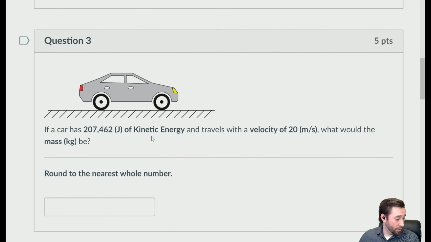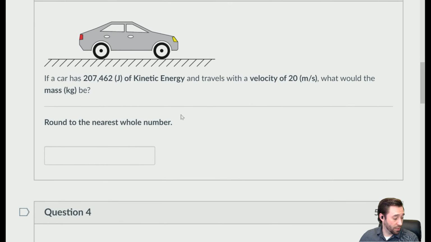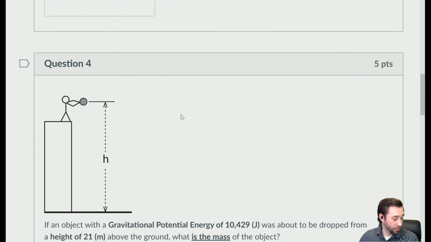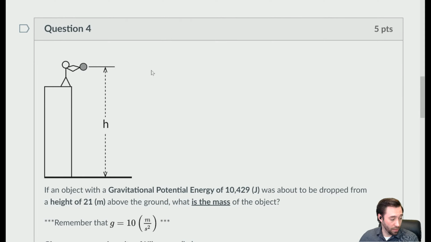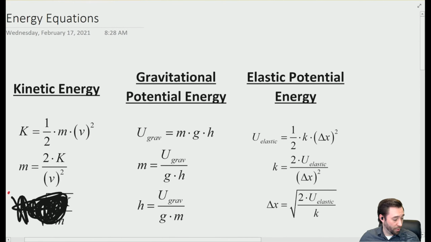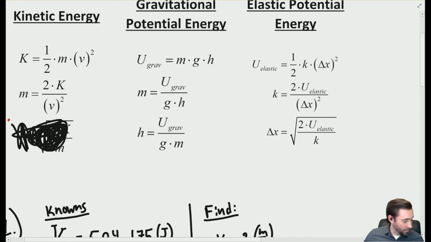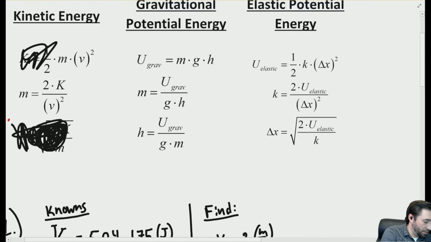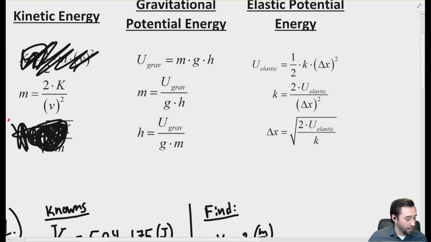All right. So I'm going to skip this one because I do want to do one where, so the gravitational should be pretty easy. Those equations are pretty straightforward. And so we've already used this equation. So these ones you should be able to do.